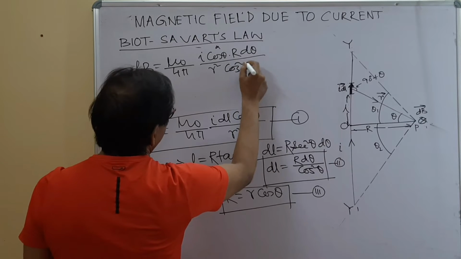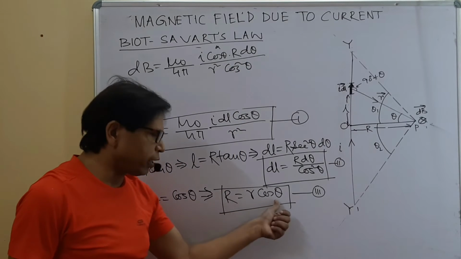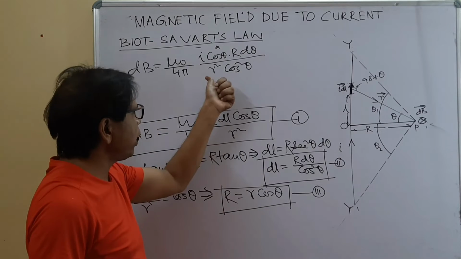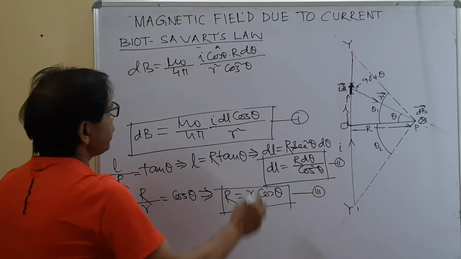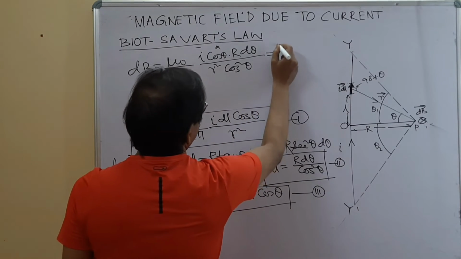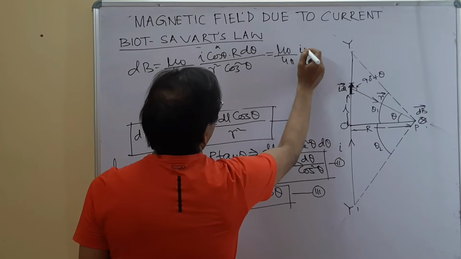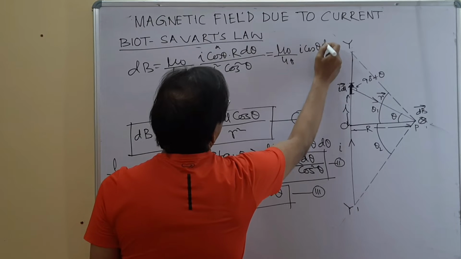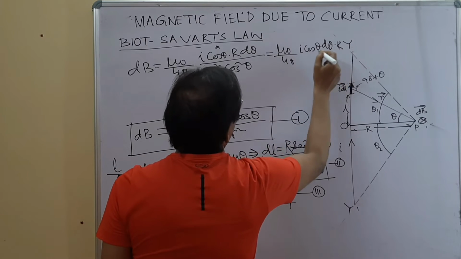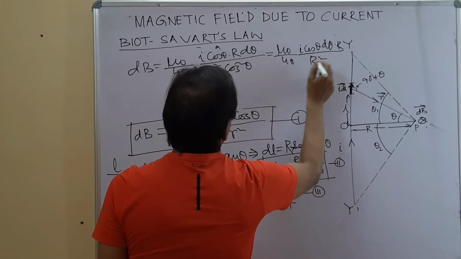Now look at this, r cos theta equals capital R, so r square cos square theta is equal to capital R square. So this becomes mu naught by 4 pi I cos theta d theta into R divided by r square.